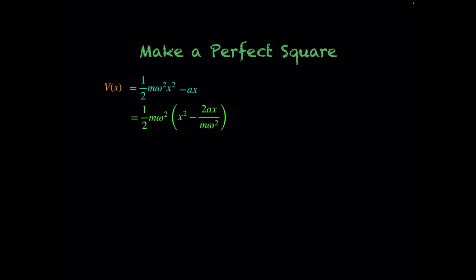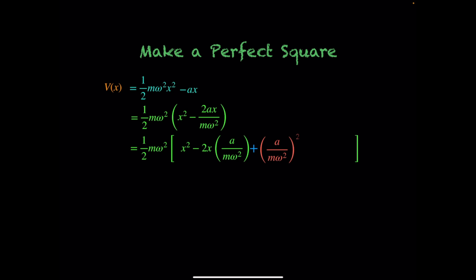The rest is very trivial. You just have to add an extra term, a by m omega square, whole square, and as you add this, there should be a subtraction of the same term.